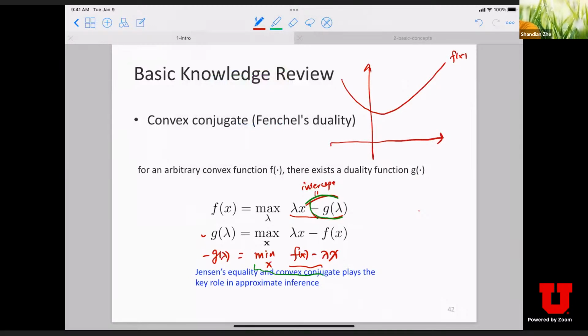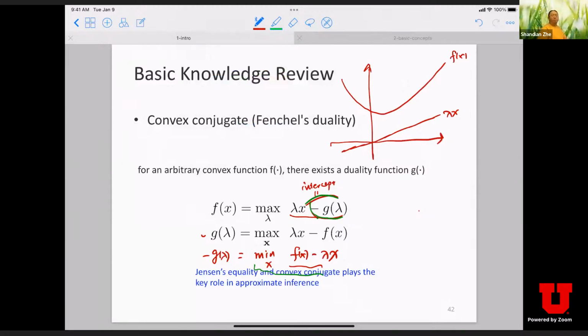Suppose I choose a lambda like this. This is my lambda x; if I draw it, it is a line which passes through the origin.